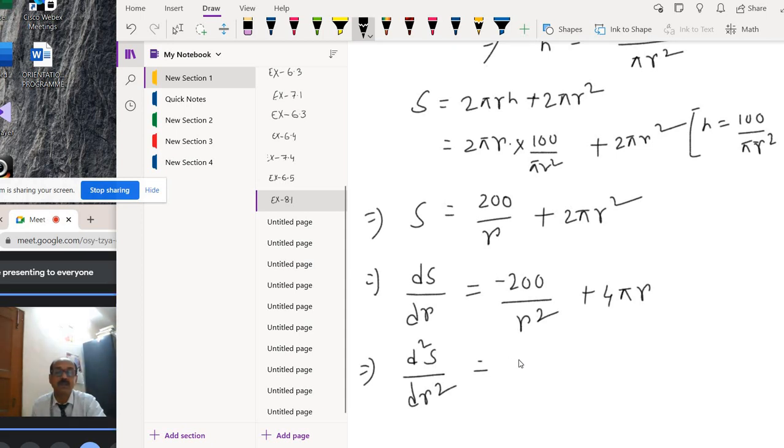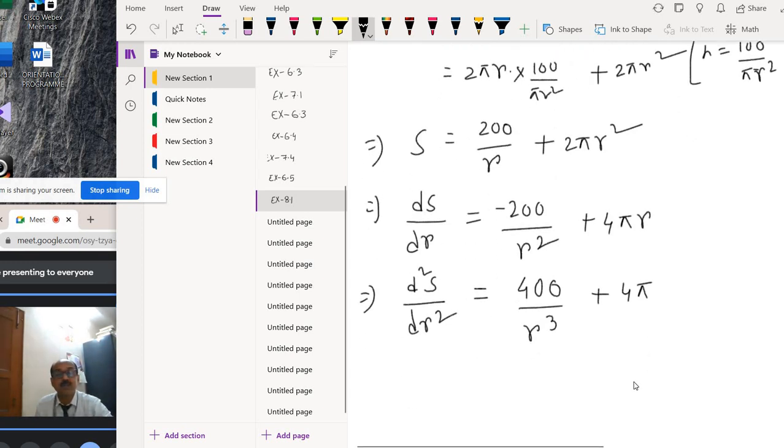Minus minus gives plus, so 2 into 200, 400 by r cube, plus 4 pi, with respect to r.